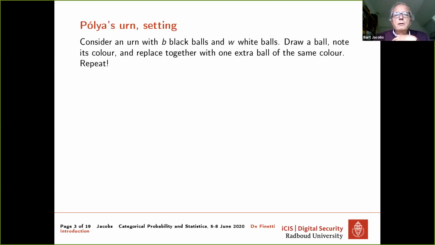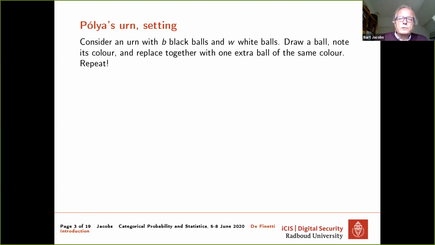A very familiar example in probability theory is Polya's urn. It is an urn which may contain two colors of balls, black and white. Let's assume we have B black ones and W white ones. The mechanism is: you draw a ball, you write down its color, and you replace the ball and add an extra one of the same color.